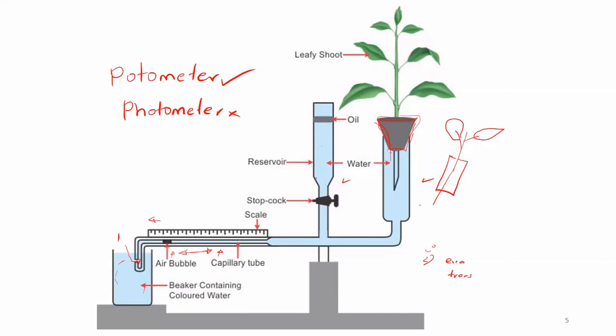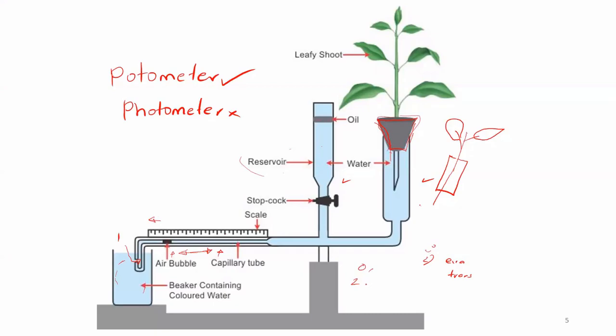Another person asked what the purpose of the reservoir is. During this practical you shouldn't take only one reading. You can take a minimum of 2 readings to get accuracy, the average of the experiment result.